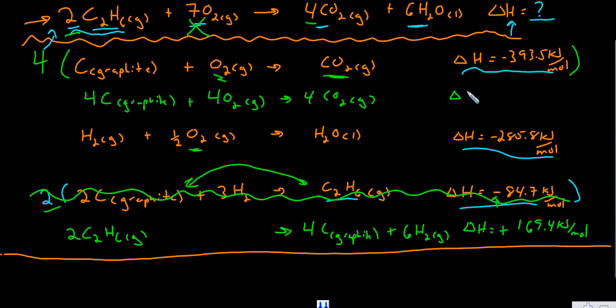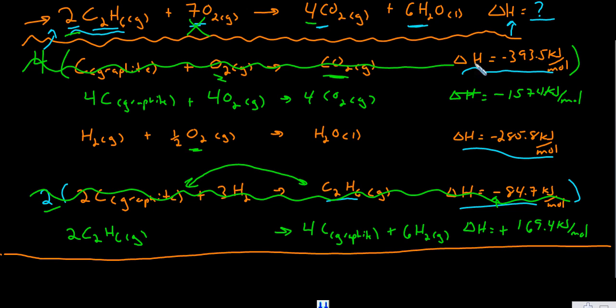And you'll see that our new delta H, because we multiply that whole delta H by 4 as well, should be negative 1,574 kilojoules per mole.